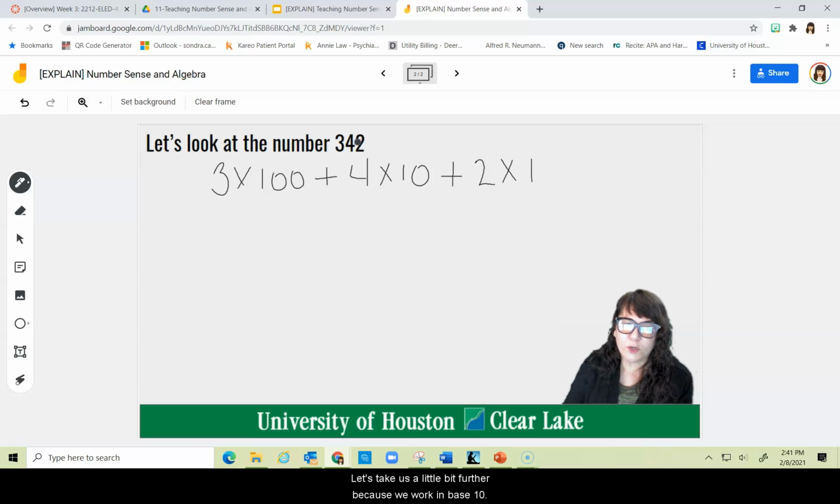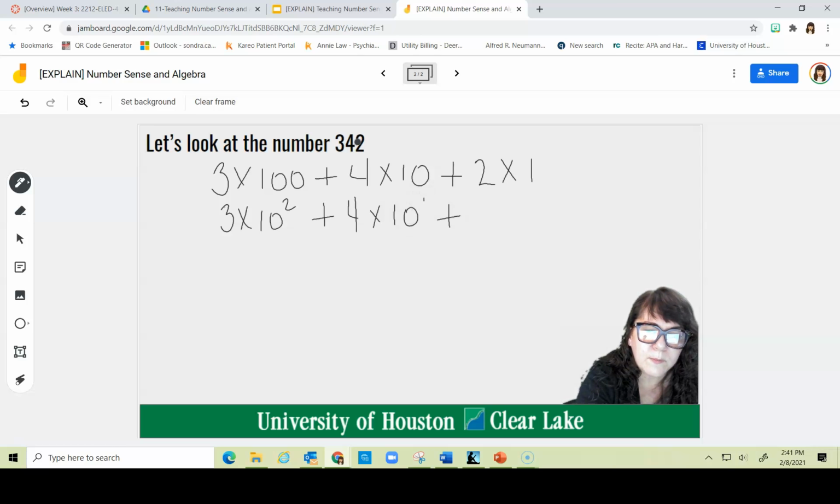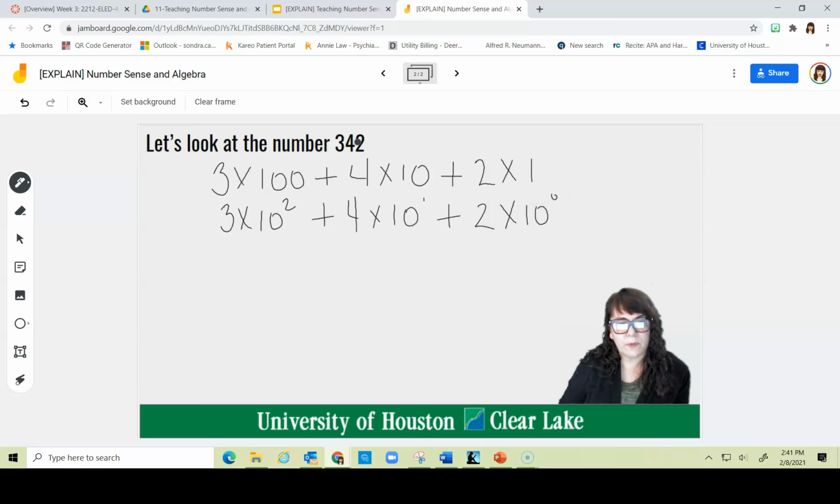Well, let's take this a little bit further because we work in base 10. So we could actually represent this number as 3 times 10 squared plus 4 times 10 to the 1 plus 2 times 10 to the 0.